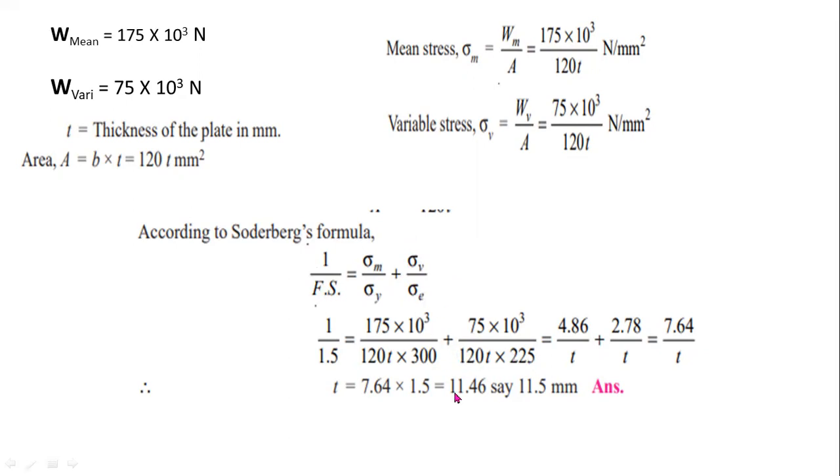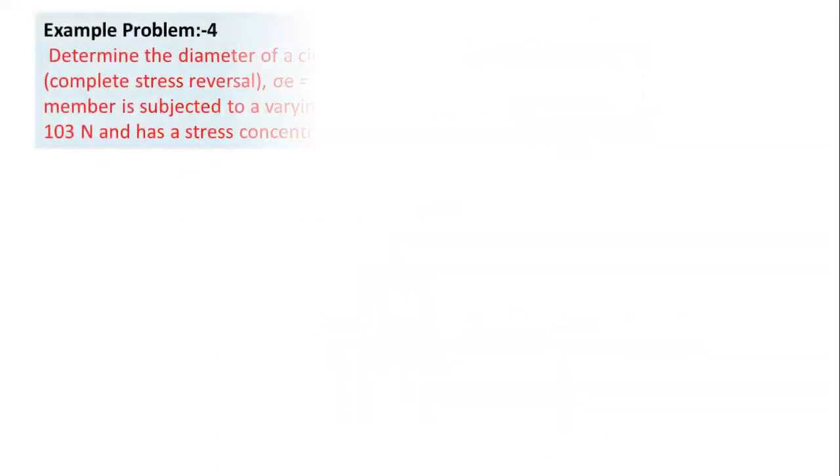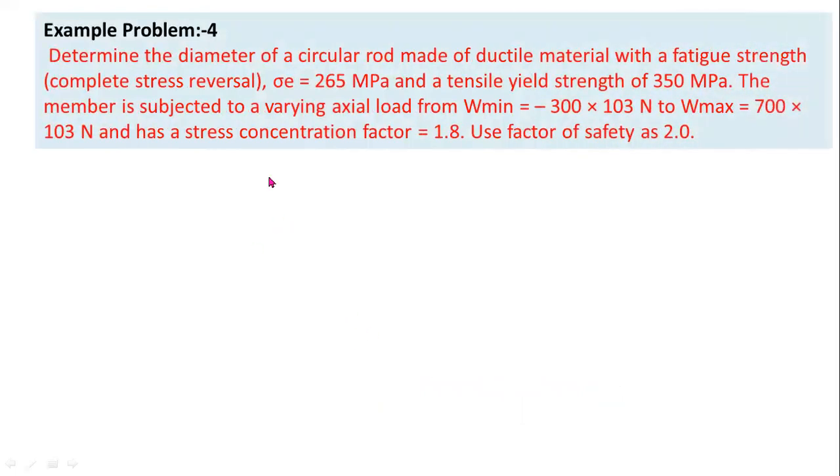From this equation, you can find out the thickness T equal to 11.46 mm, that is nearly 11.5 mm. So the required minimum thickness T equal to 11.5 mm is the minimum thickness of the plate. Now coming to another problem.